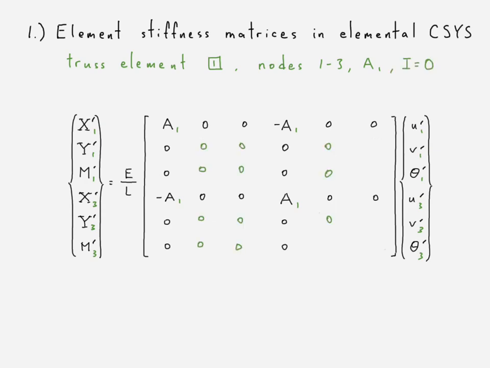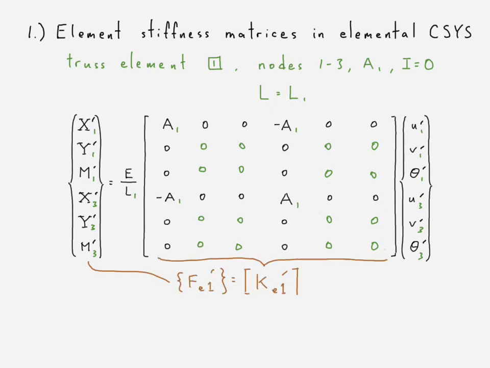And since the area moment of inertia is 0, we make a lot of substitutions there, changing it all to 0, and some more subscripts for length equals L1. Great. This is the way we would write this equation for the elemental stiffness matrix in the elemental coordinate system for truss element 1.